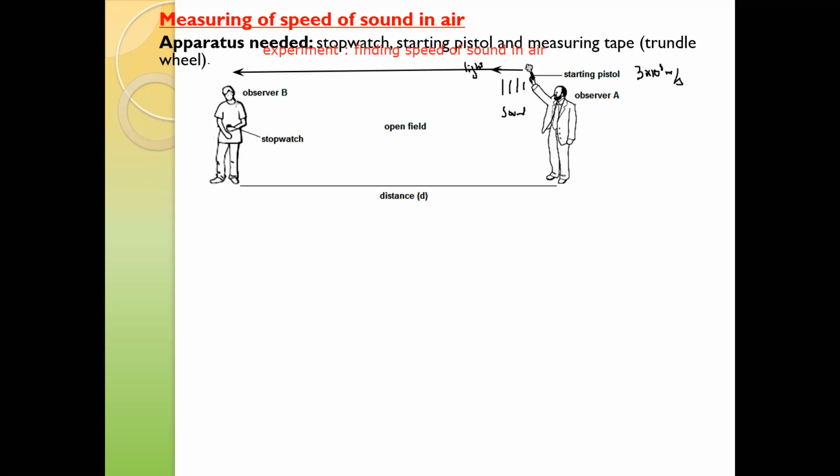As the light travels, the observer, when he sees the light, will start the timer. And when he hears the bang, he will stop the timer, because that is the time taken by sound to travel from observer A to observer B. They record the time and the distance.